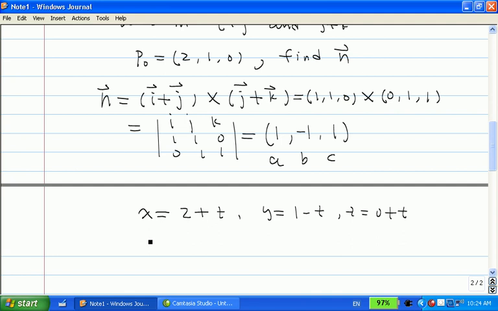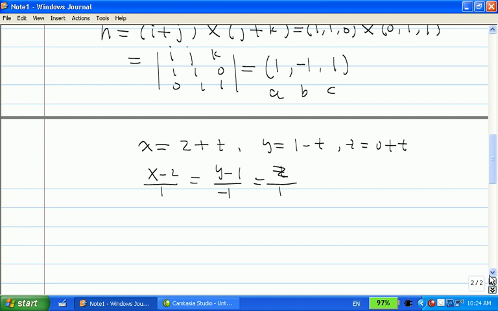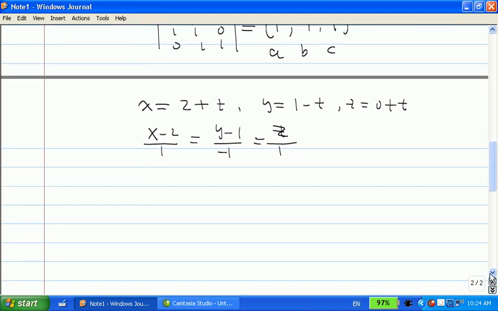If you want to write the symmetric form, it will be (x minus 2) over 1 equals (y minus 1) over minus 1 equals z over 1. I don't have to write z minus 0.